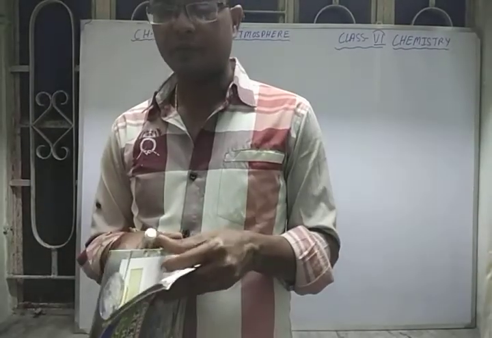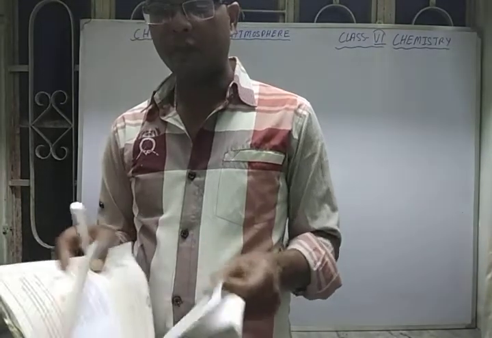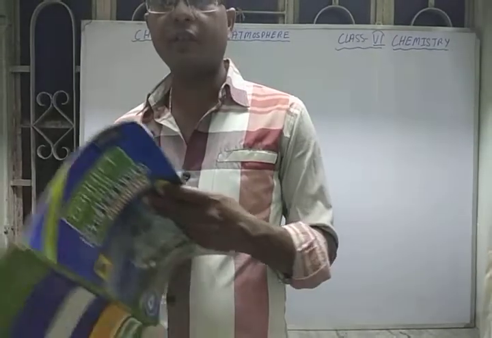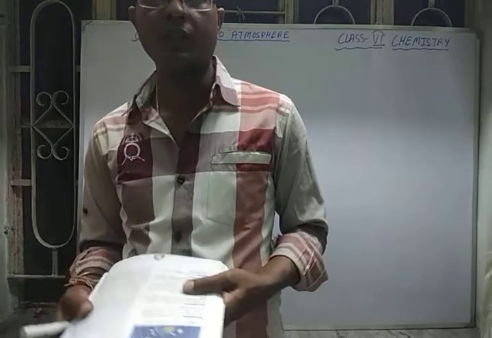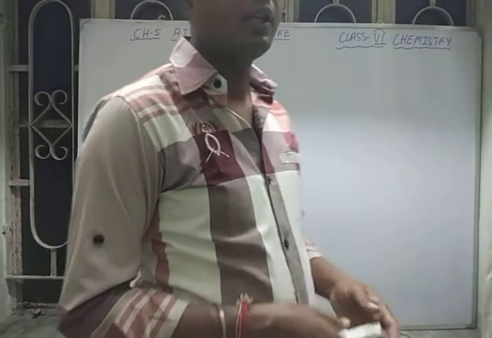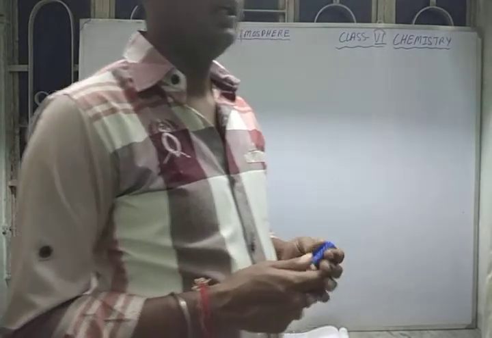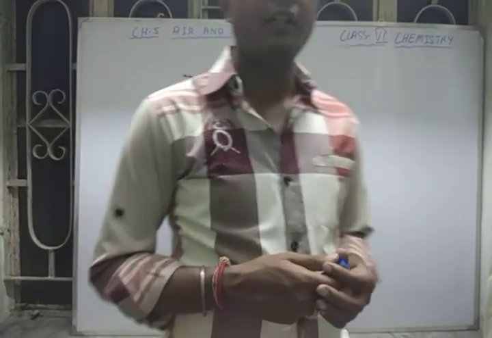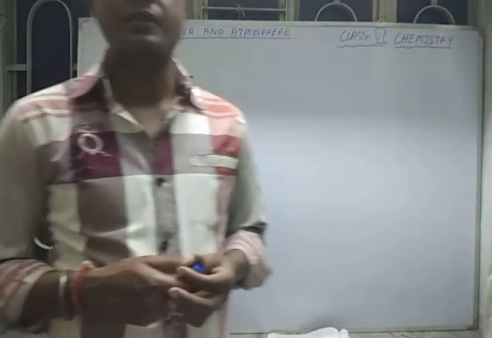So after this, the main topic of this chapter is atmosphere. What is atmosphere? It is the blanket of air that surrounds the earth's surface. The blanket of air that surrounds the earth's surface is called atmosphere, okay.